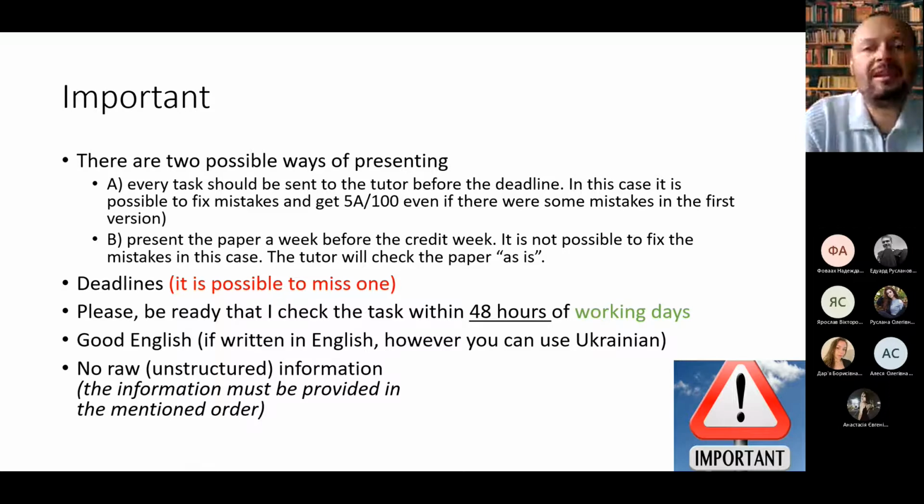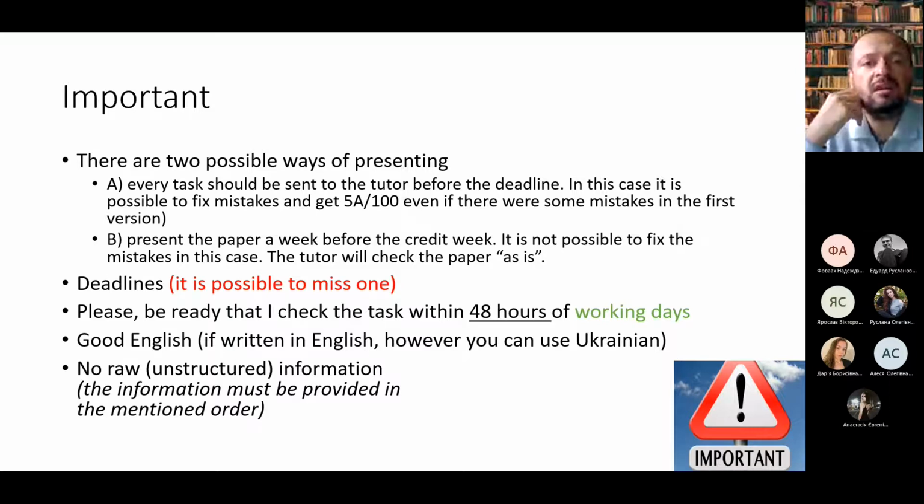When setting a task, I will set the deadline for this very task. And in this case, it is possible to fix mistakes and get 5A 100, even if there were some mistakes in the first version.